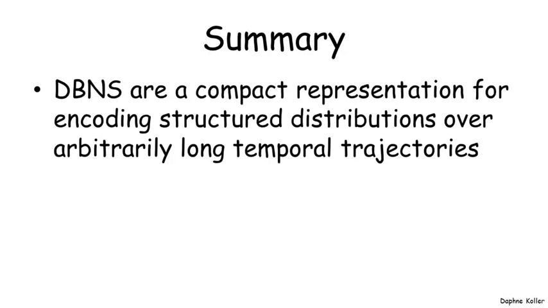To summarize, dynamic Bayesian networks provide us with a language for encoding structured distributions over time. And by making the assumptions of a Markovian evolution as well as time invariance, we can use a single compact network to allow us to encode arbitrarily long transitions over arbitrarily long time sequences.